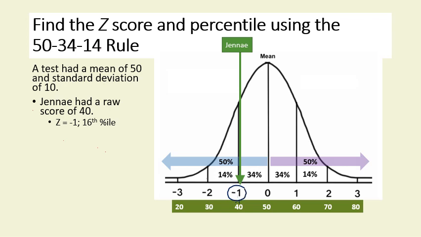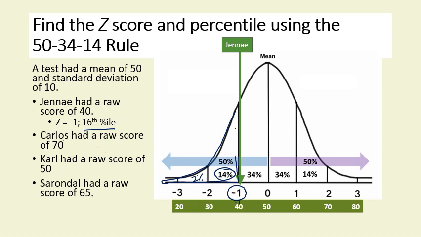It's right aligned with a 40. And to figure out the percentile, we add up what's in these regions, and we can see the 14% and the 2% from the tail, so we know she's in the 16th percentile. In other words, she scored higher than 16% of the other individuals.